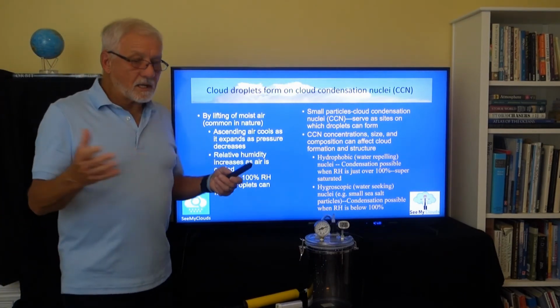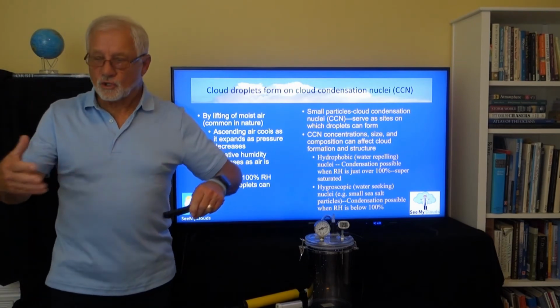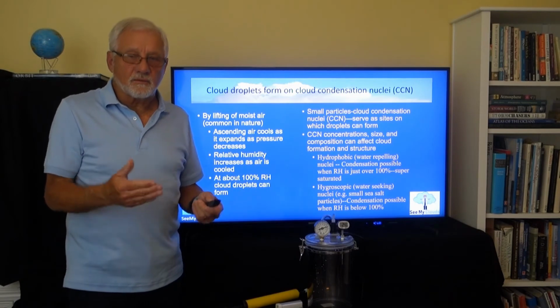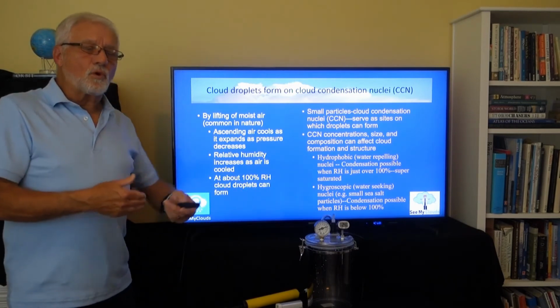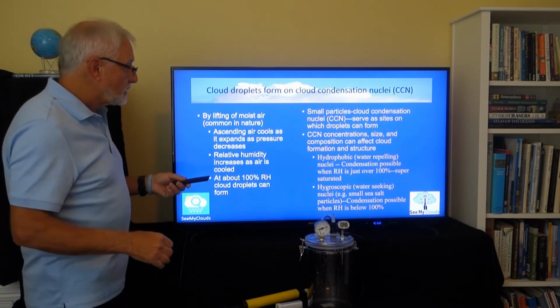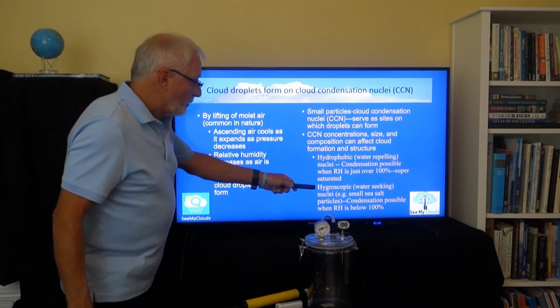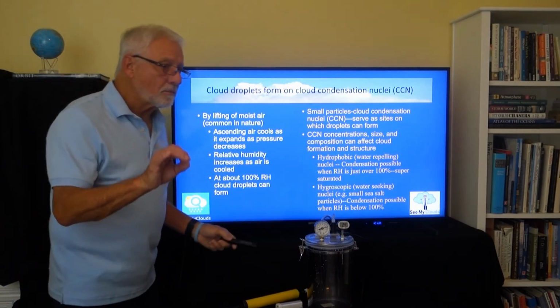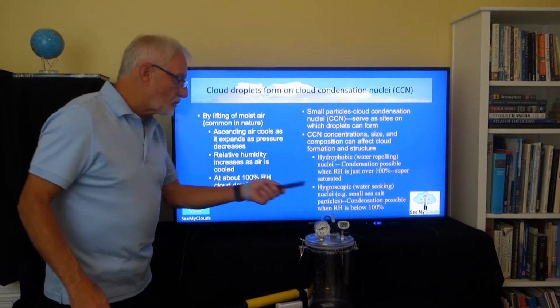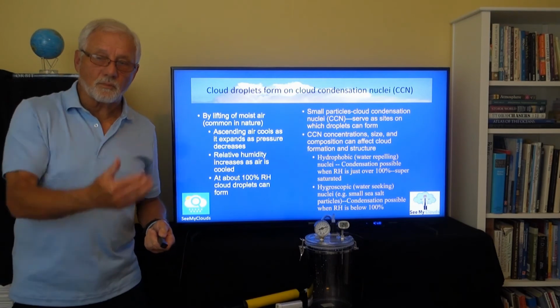Now, I just made this cloud here using the smoke, but in the atmosphere there are other different things on which the clouds can form. And some of those are more effective in producing cloud droplets. For example, if we have hygroscopic particles like a salt particle, condensation is possible when the relative humidity is below 100%.